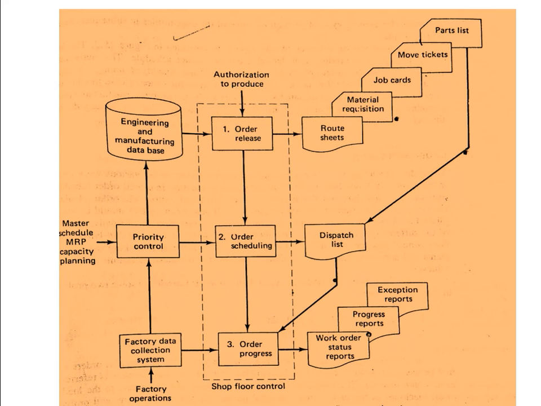We decide from which machine to which machine it should go, and what materials it needs is taken care of in the material requisition, like tools or materials. Job cards relate to which jobs are needed for performing particular operations, like drilling or milling.